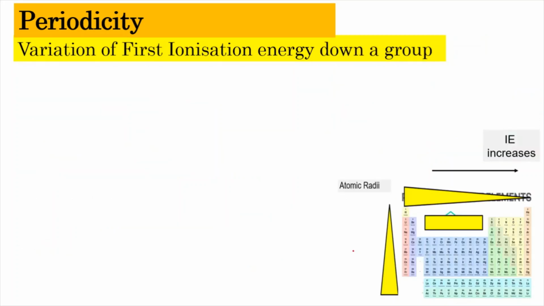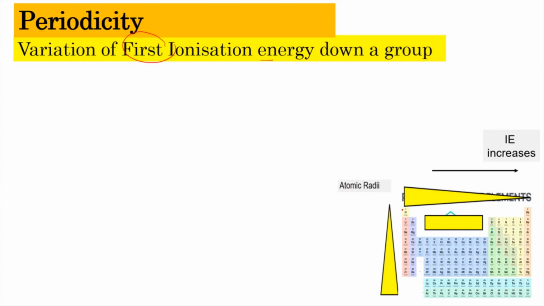now we're going to look into the variation of the first ionization energy down the group. As you have learned, across a period, the attraction between the nucleus and the valence electron increases, and as a result, the ionization energy will increase as well.